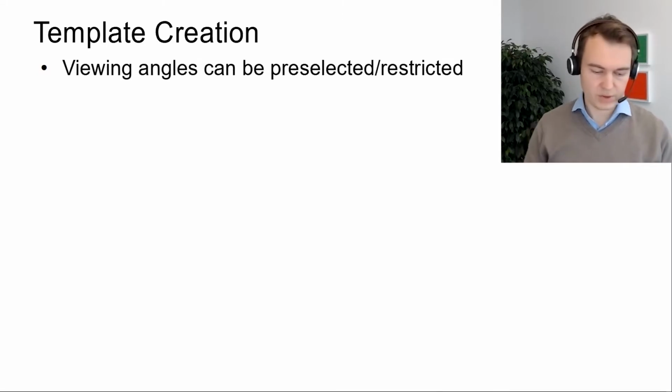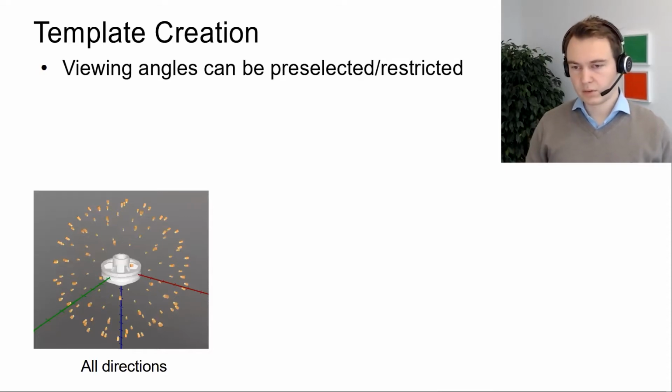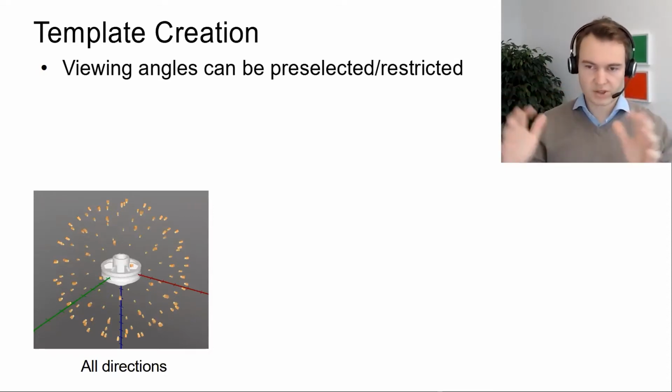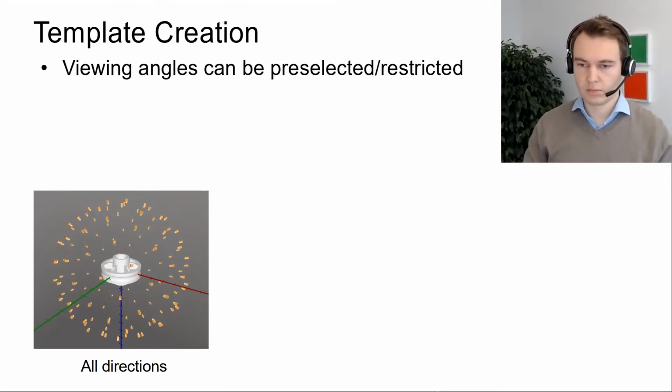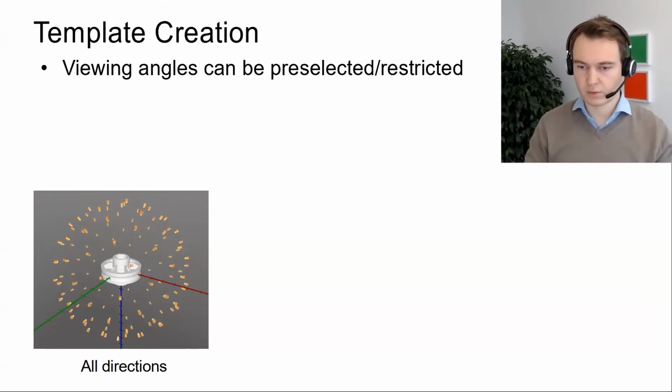This whole template creation process is actually already useful in order to influence your search results. In the simplest case, you can just sample all the directions. If you have a very general object which can occur in all kinds of orientations, you simply leave the default, which is generate templates from all directions.